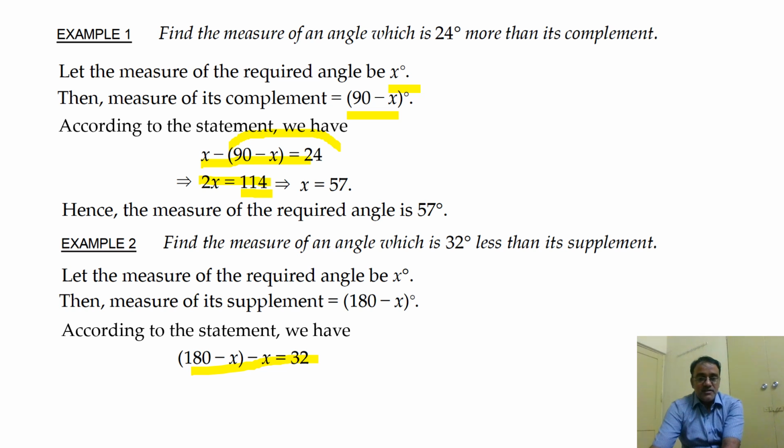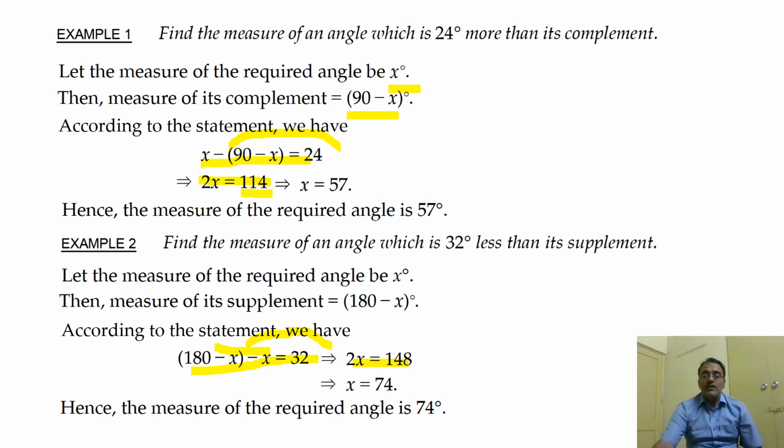We will get 2x, these two combined make 2x. We will shift 2x to this side so it becomes plus 2x, and 32 to the left side, so it becomes minus 32. So finally 2x equals 148. Right, 148 divided by 2 is 74. So hence the measure of the required angle is 74.